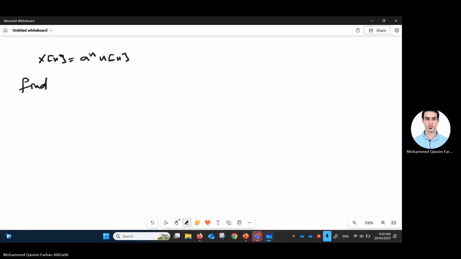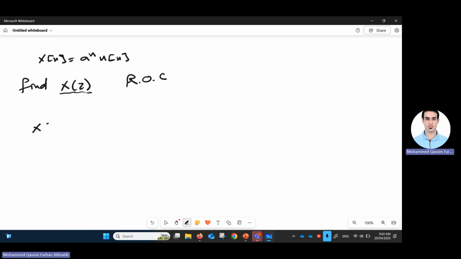Find x of z. Now, when you are required to find x of z, intuitively you should also know you need to find the region of convergence for this expression. So even if I don't ask about what the region of convergence is, you need to find it right after you do the z transform.